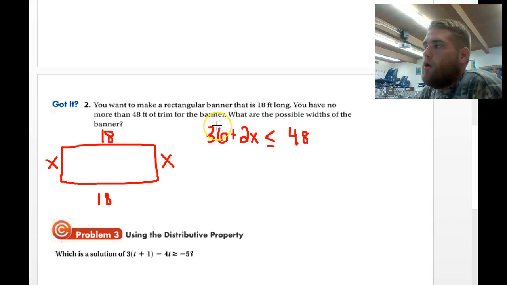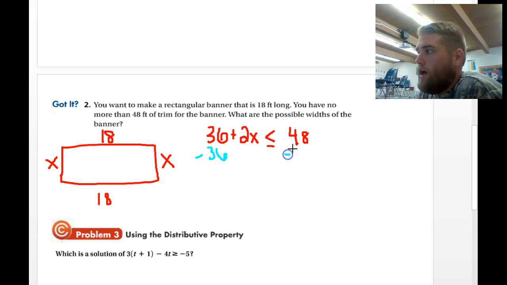So 36 gives me my 2 18s on my banner, plus 2x, because I have two widths on a banner, and is less than or equal to 48. So now I want to subtract 36, and I get that 2x is less than or equal to 12.